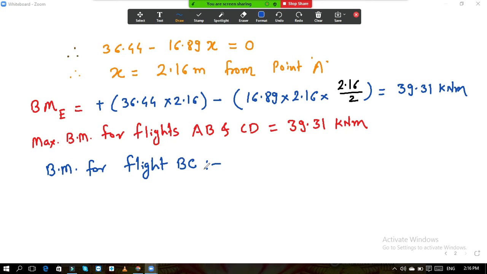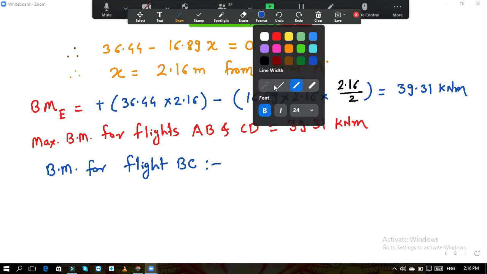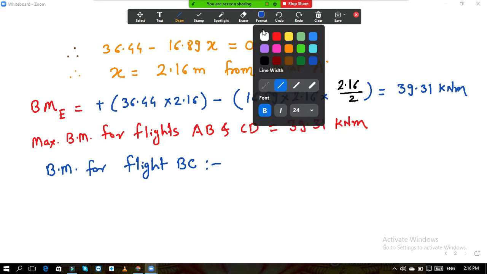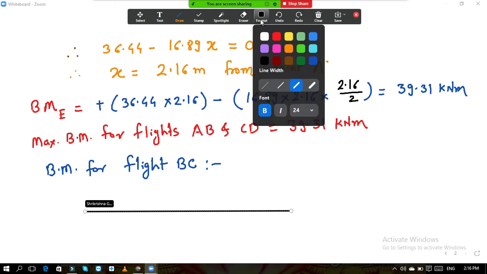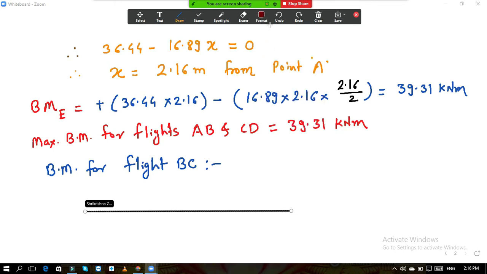Here I will draw the diagram. This is the flight BC. Then supports are given. These are the supports.